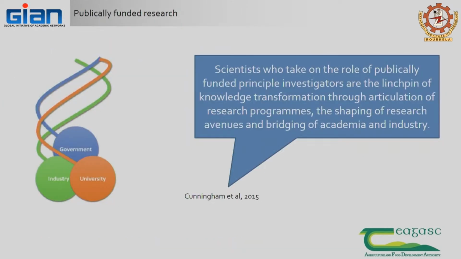Now, publicly funded research, this is from Cunningham, and this is the triple helix one. Who are involved? Government is involved, university is involved and industry is involved in these activities. A scientist who takes the role of publicly funded principal investigator, the person who is dealing with the project, is the linchpin of knowledge transformation through articulation of research programs, shaping of the research avenues, bridging academia and industry.